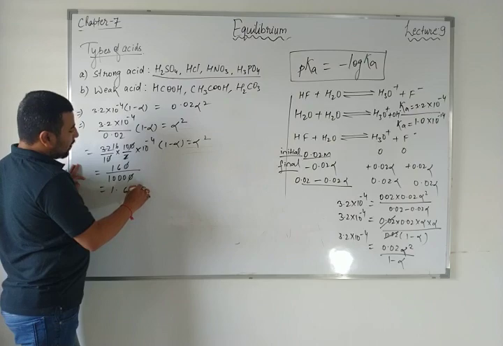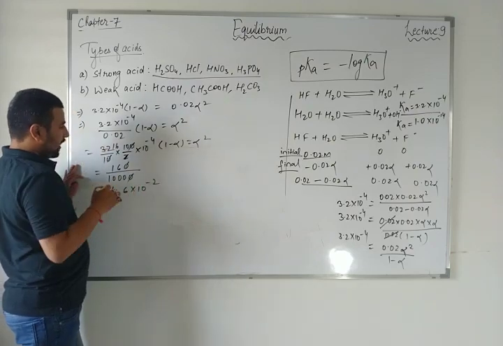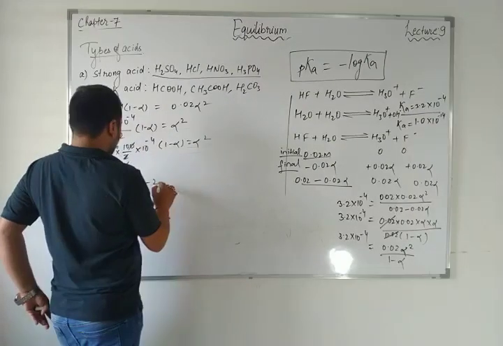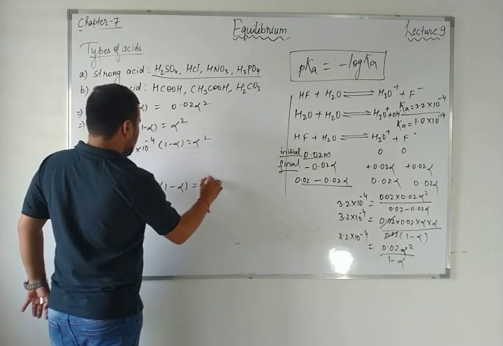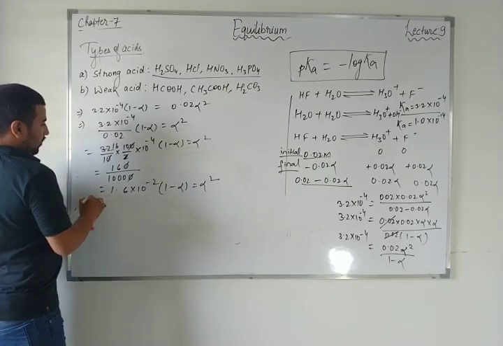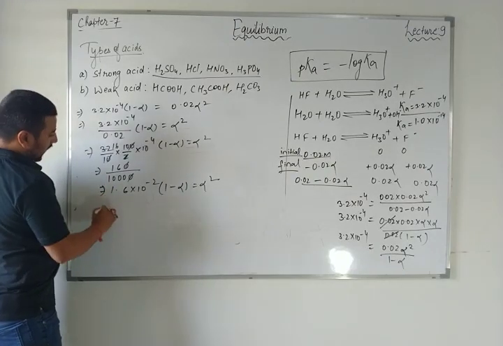1.6 into 10 to the power minus 2 is equal to this much alpha. 1 minus alpha is equal to alpha square, right?